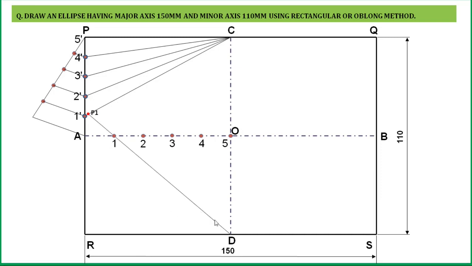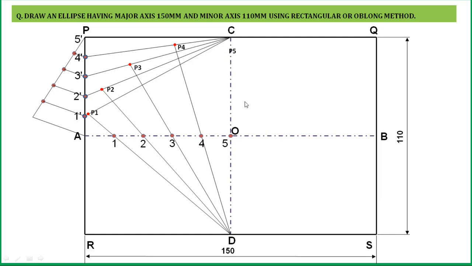Like, connect 1 and D, extend up to 1 dash C, it will intersect that line here and give you the first point of an ellipse. Similarly, connect 2 with D and extend it up to 2 dash C and it will give you the second point. Likewise, obtain the third and the fourth points by extending those lines, and the C point itself is the fifth point of that ellipse.